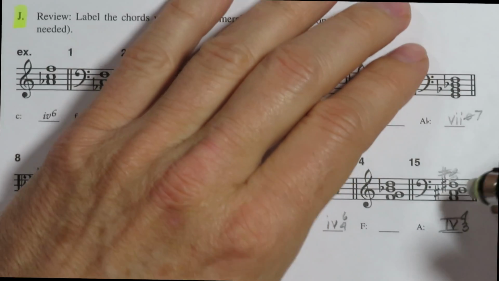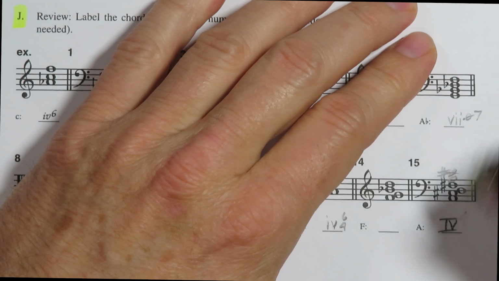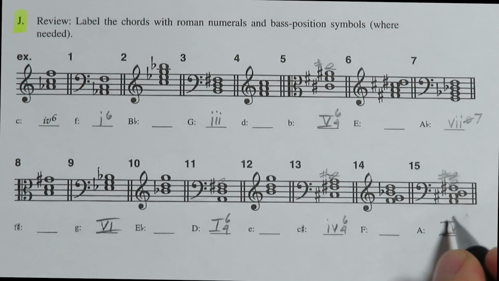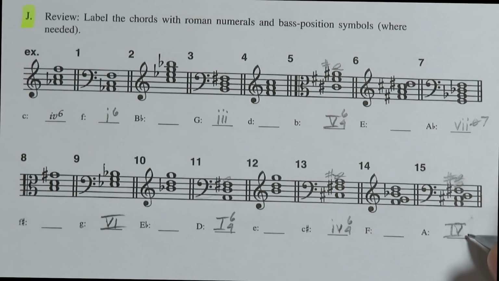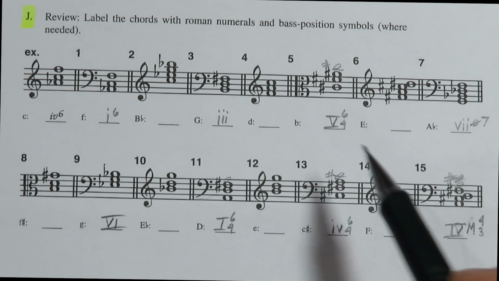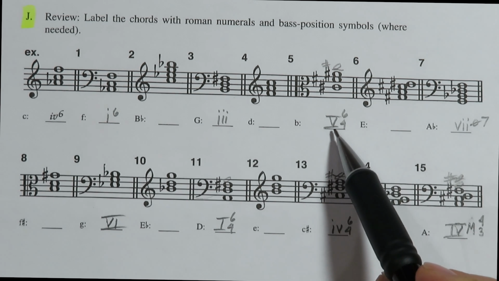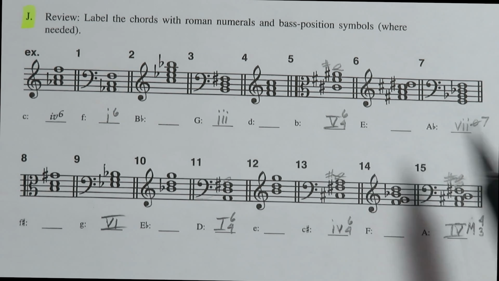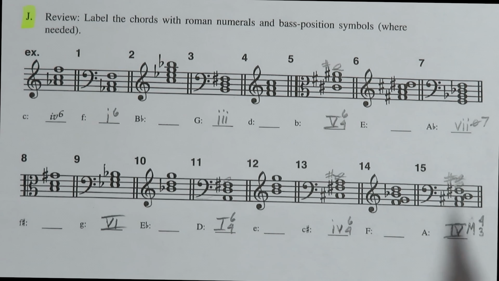Oops, I'm sorry. That is a 4 major 4, 3. Okay. We need to put that major sign so we're able to distinguish it from a major 7th and a dominant 7th, whereas the dominant 7th we don't use the M.